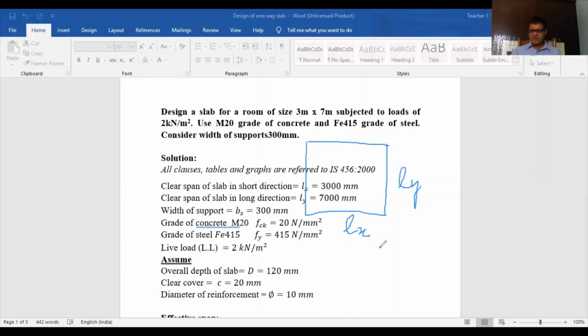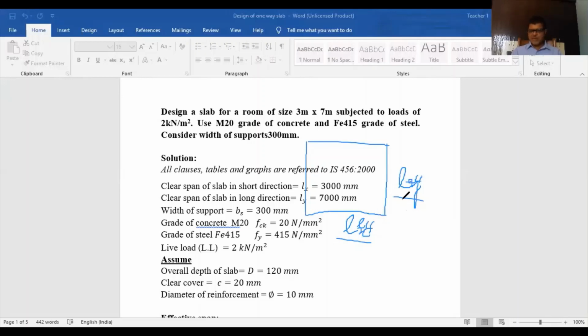Once you know Ly and Lx, calculate L effective in the y direction and L effective in the x direction. Calculate both effective spans. We have already discussed how to calculate effective spans in the previous design of single reinforced beam sections.